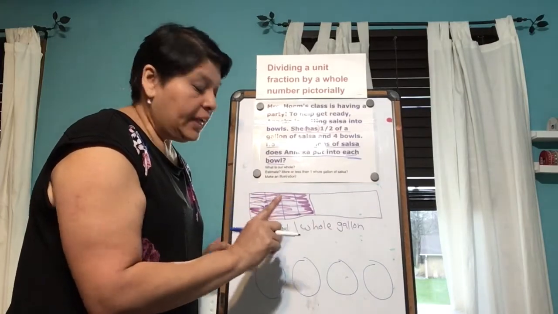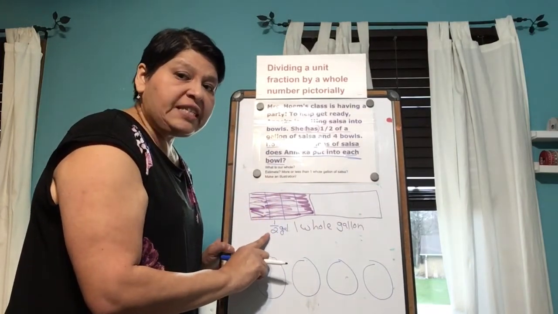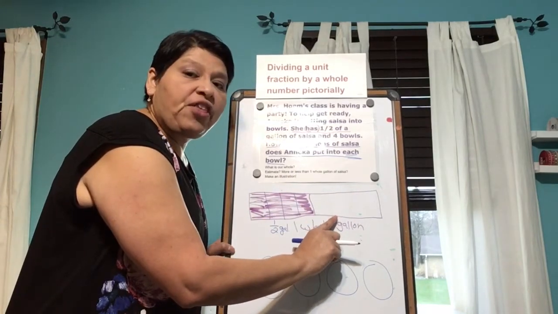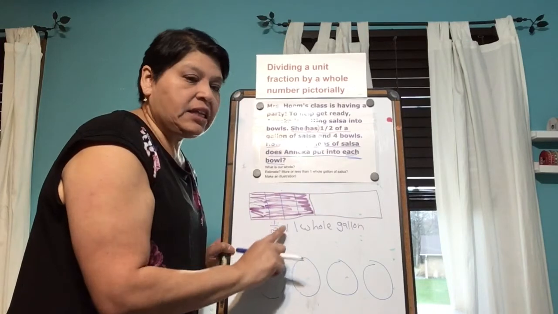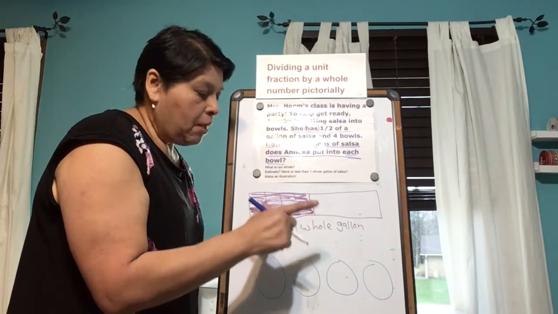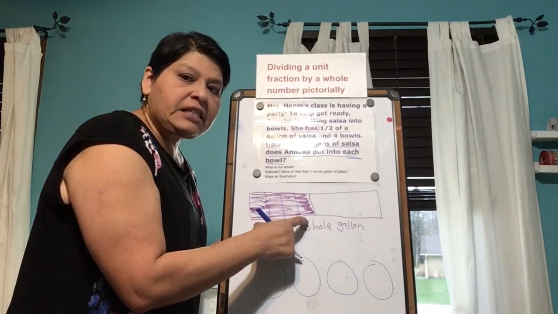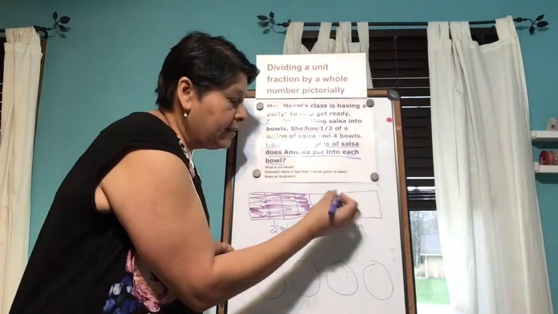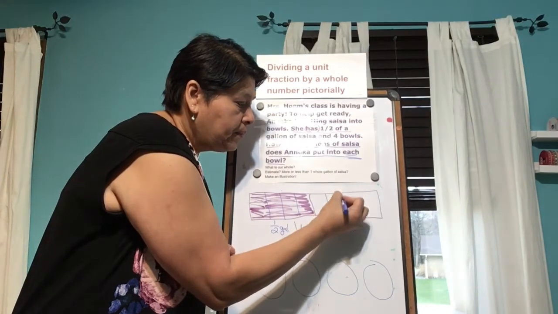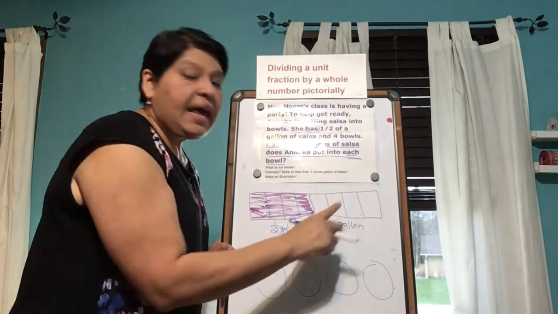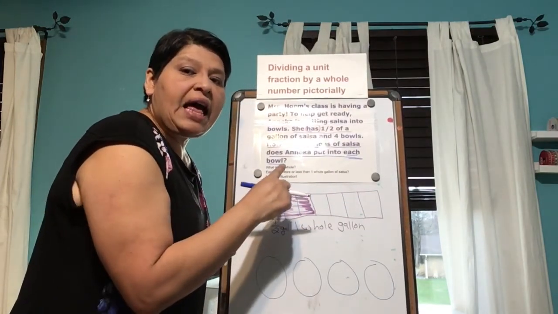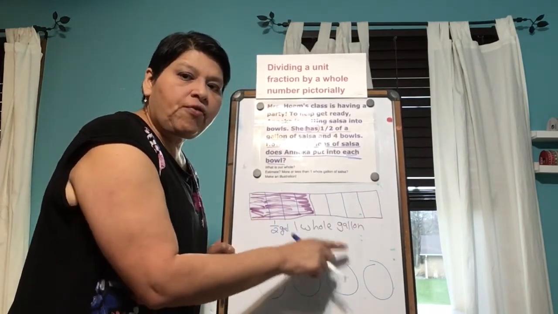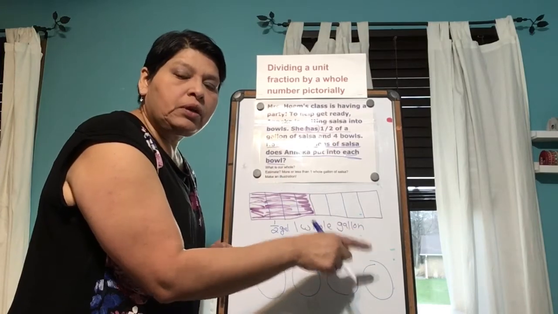This is why we need to not only partition this half of the gallon, but we need to partition this half of the gallon into fourths as well, because this has to be the same as this side. Now I have my fraction of how much is going to go into each bowl.